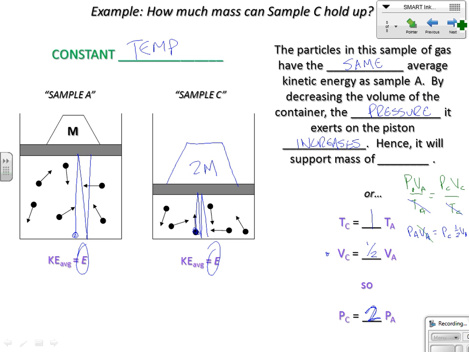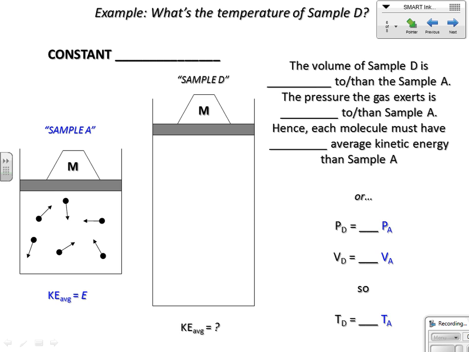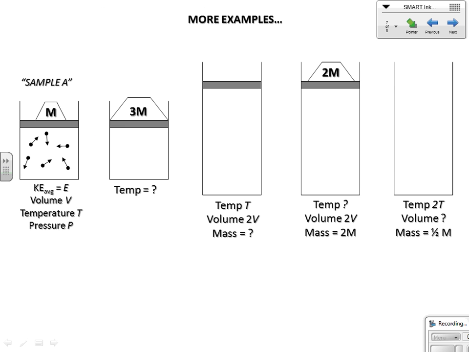Get rid of the volume A's. And this says that pressure C is 2 pressure A. Okay? Try this one, and then try these.